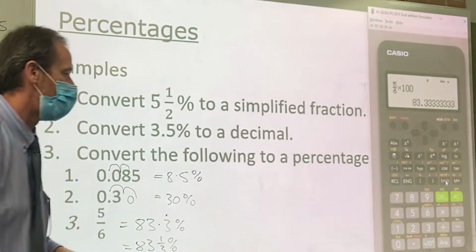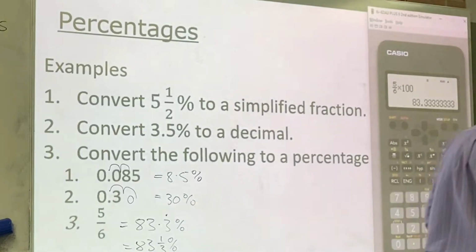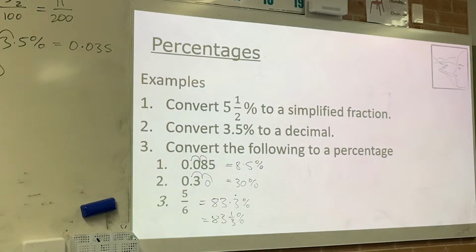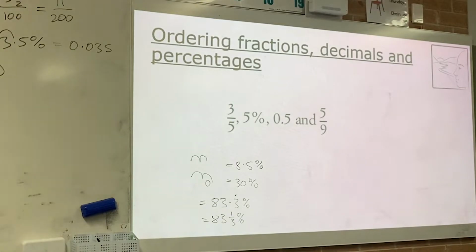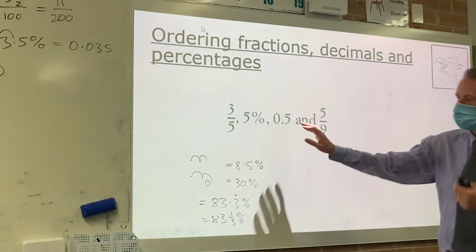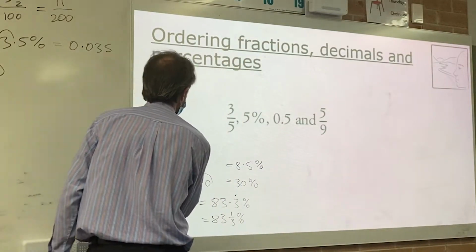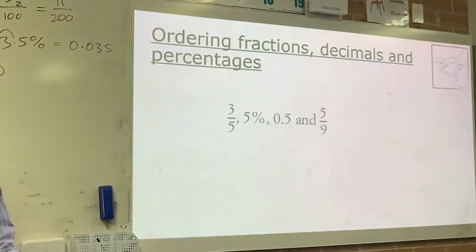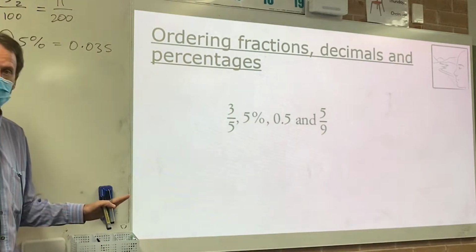Hopefully you've got those examples with those answers down. It's pretty straightforward stuff. So let's keep going, because we've got one more question that I want us to do. This question asks us to order these fractions, decimals, and percentages. Now again, you can use the calculator to do this.